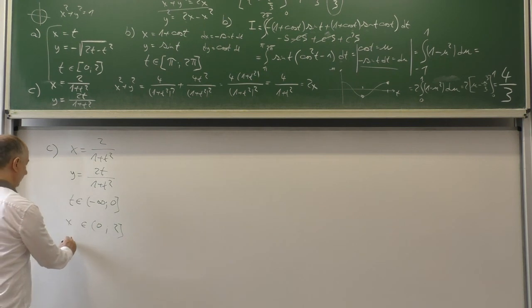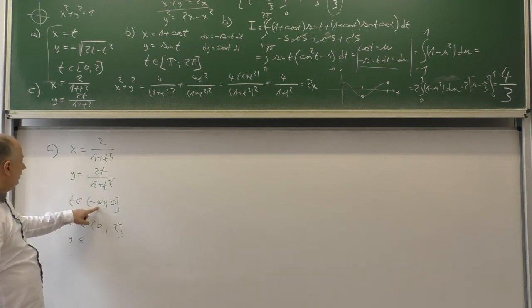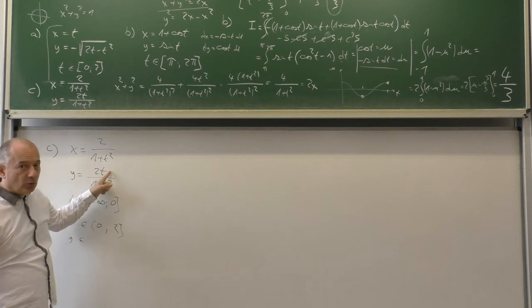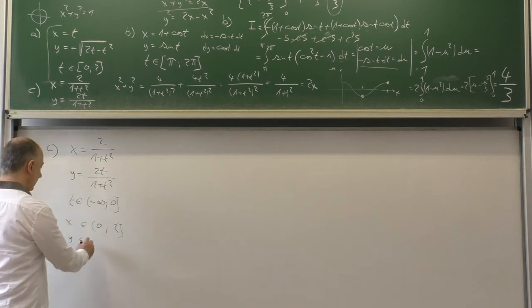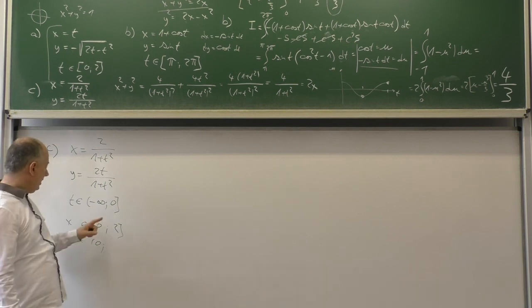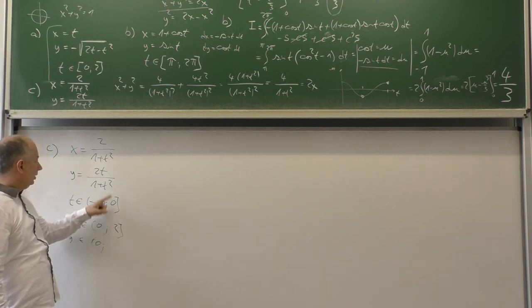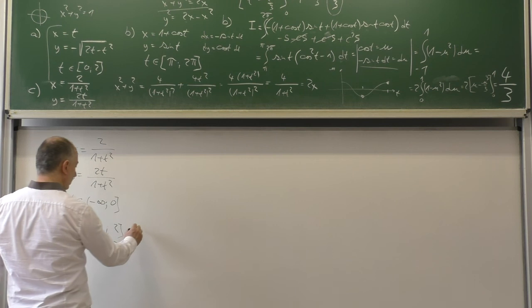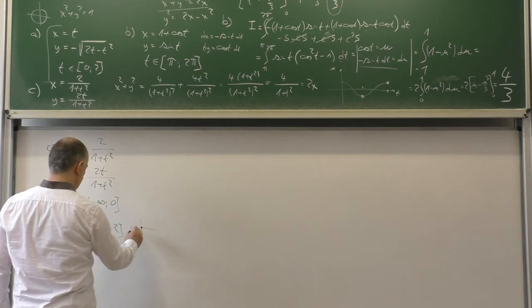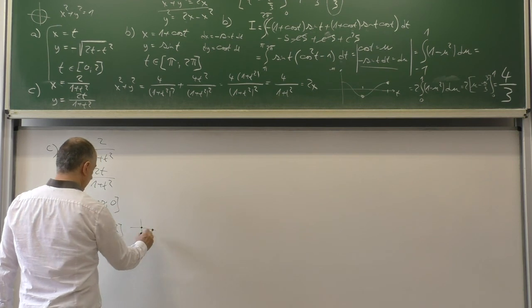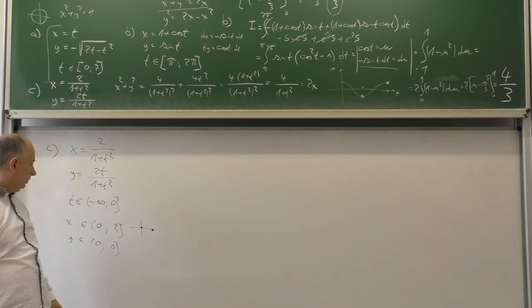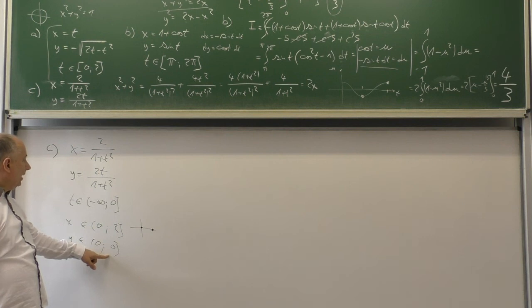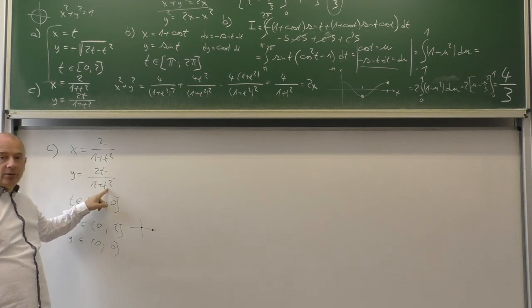And y, if t starts at minus infinity, we have small infinity divided by large infinity, which is again 0. And for t is 0, y is 0. So the initial point is at the origin, and the end point is the point 2, 0. And in between, y is negative because t is negative and 1 plus t squared is positive.